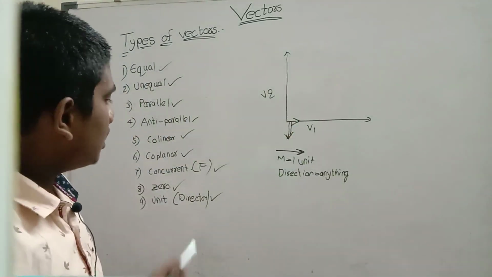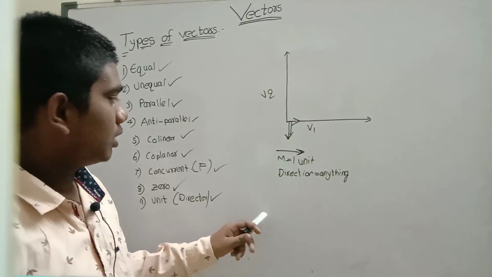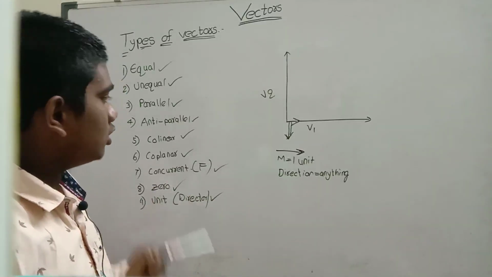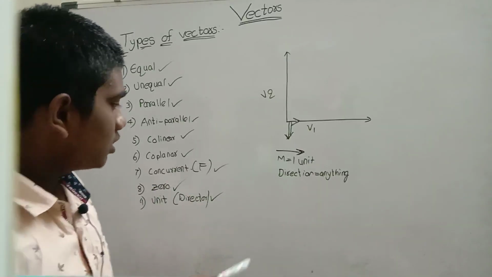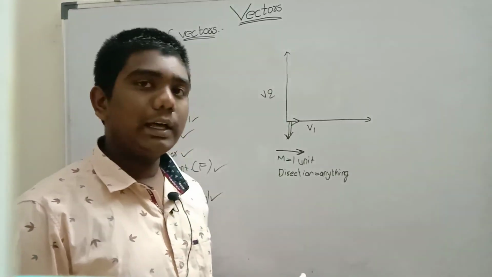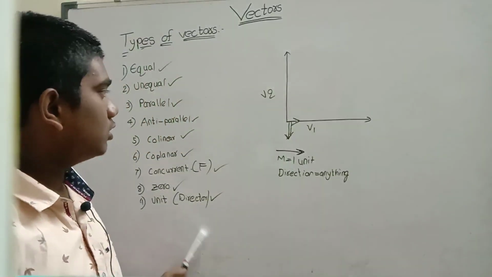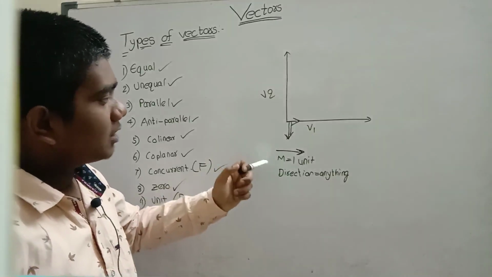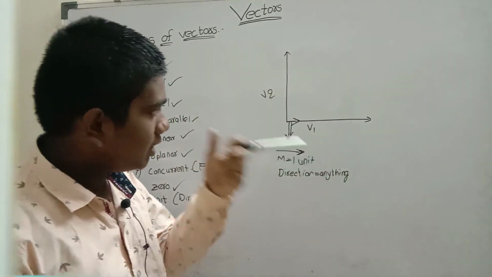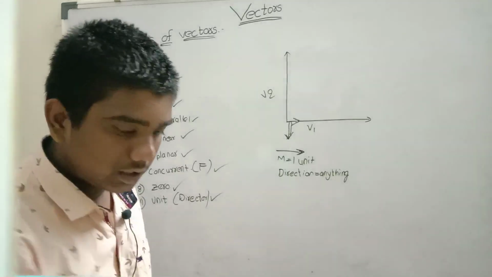Concurrent vector, n number of vectors starting from the same point is called concurrent vector. Zero vector means magnitude is 0, direction is arbitrary. Unit vector, magnitude is 1 unit, and it may be in any direction.